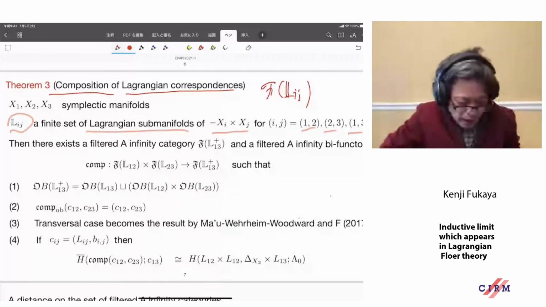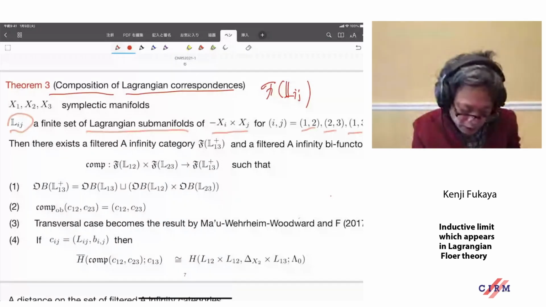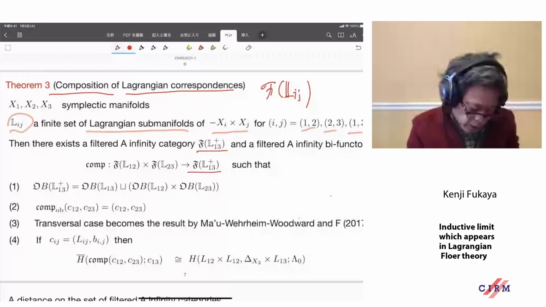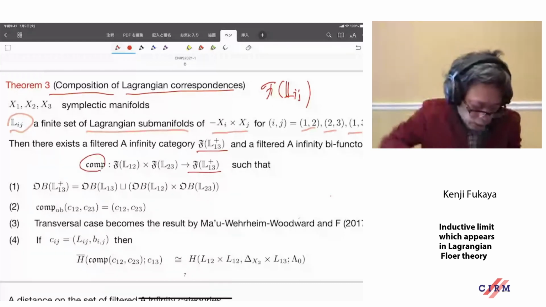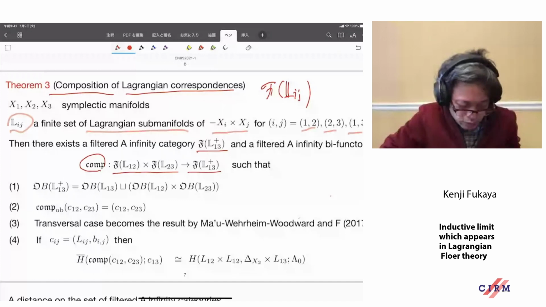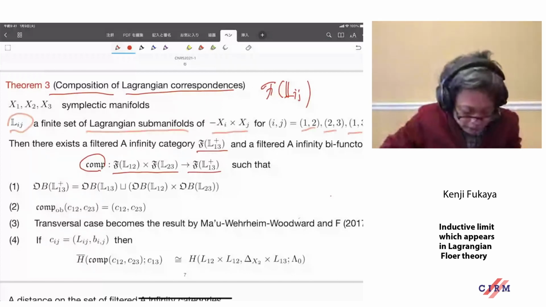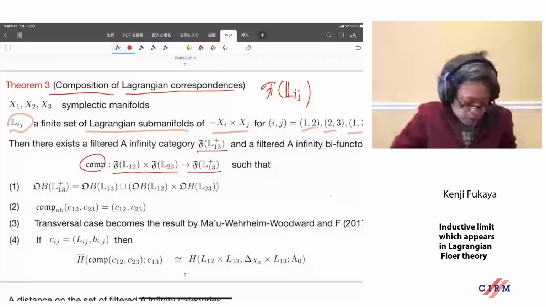And then we can enhance this L13 to include a few more objects, and we can construct this composition functor. It is a kind of direct product of L12 and L23 into L13 plus. So this gives the composition of Lagrangian correspondences.